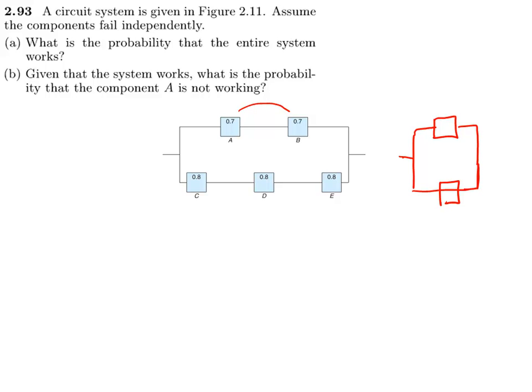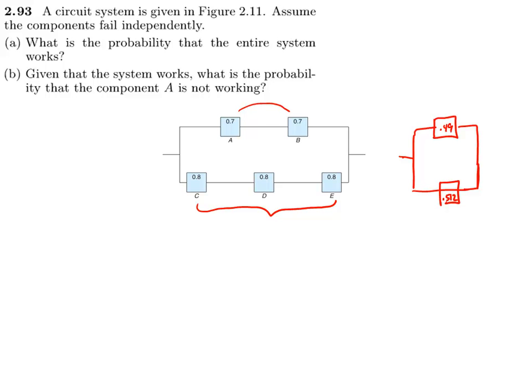the multiplication of those probabilities. So this is 0.49. Same thing here. Probability of all of them working is the multiplication of the events. So this is 0.512. Okay.